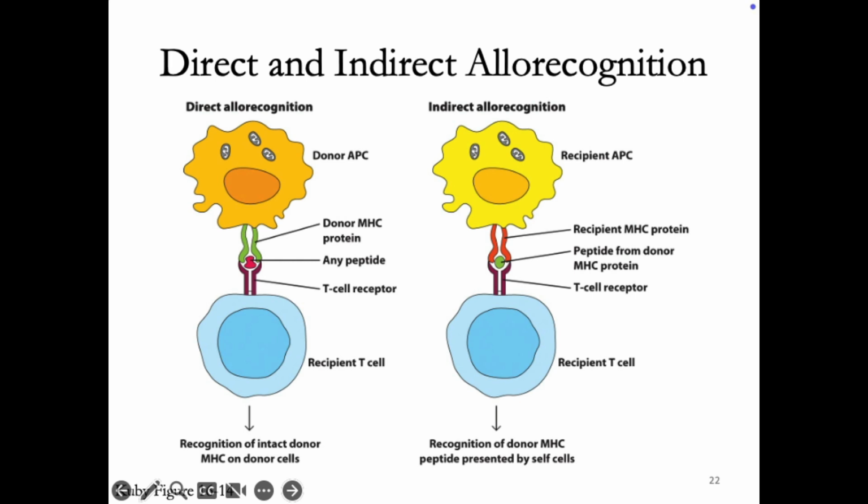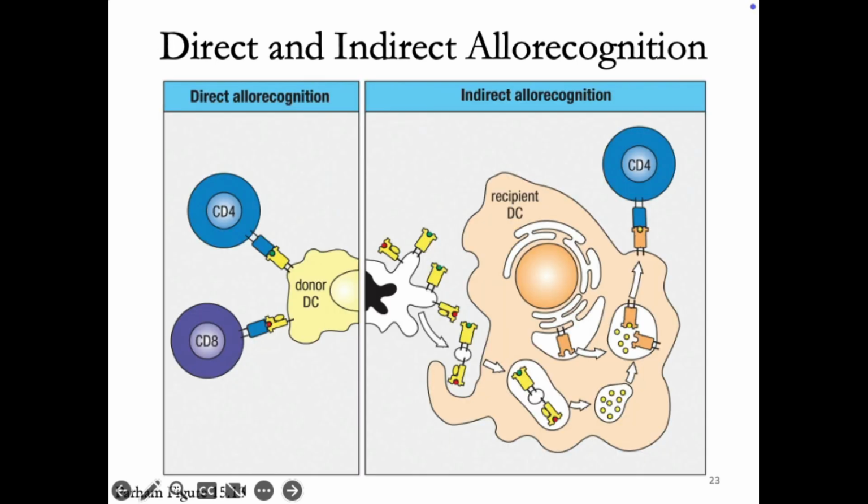So the donor MHC is getting broken down into a peptide, and it is the peptide getting presented by the recipient cell. And you can also see that here. So what I want you to notice in this image is that donor is yellow. So that's really obvious in the one on the left. Here's the one on the right. You can see the donor MHC is yellow.